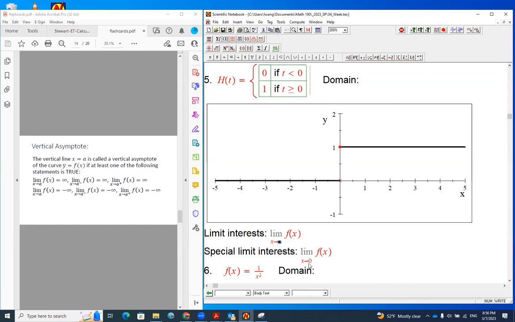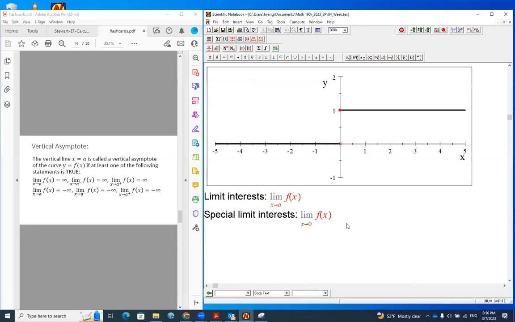But for 0, of course, you can tell when we approach, this is the time you're going to have to use limit from left or limit from right.